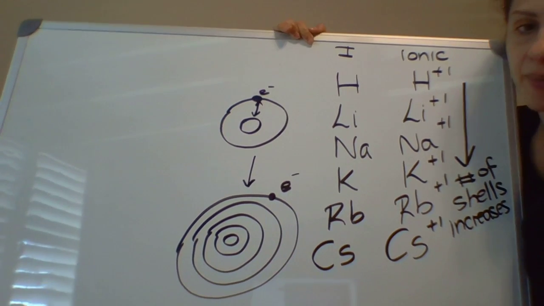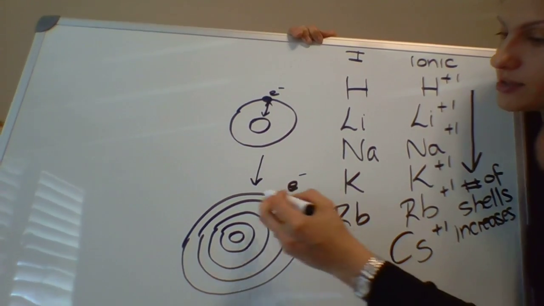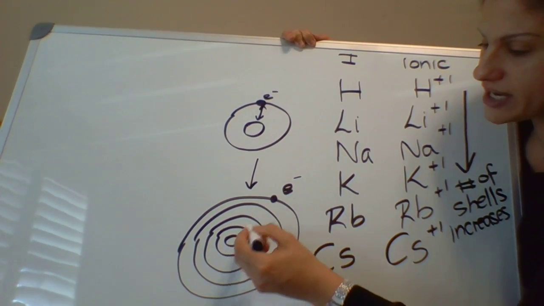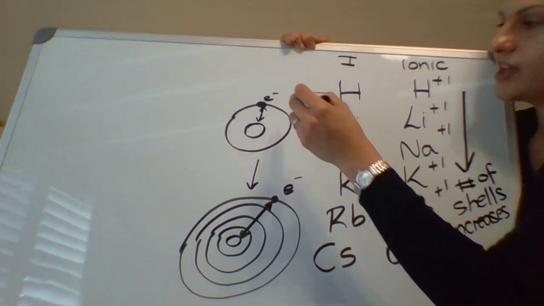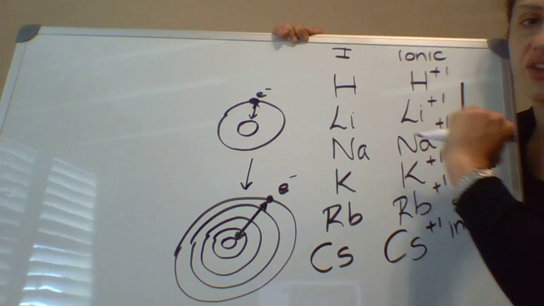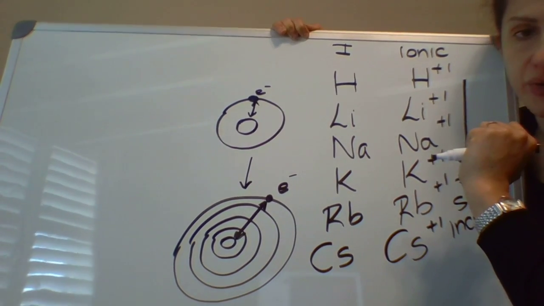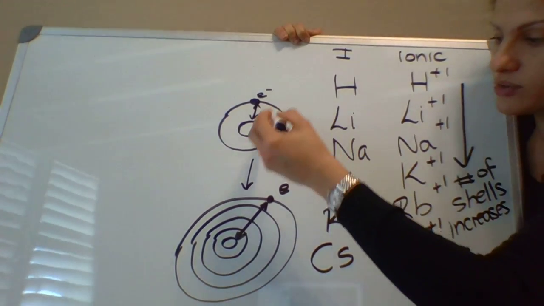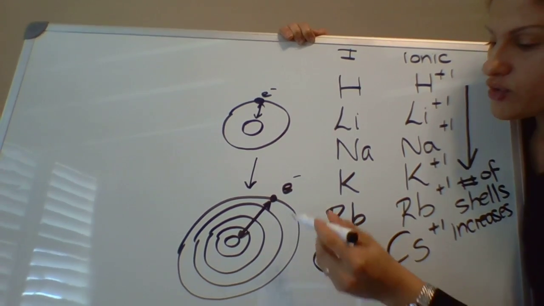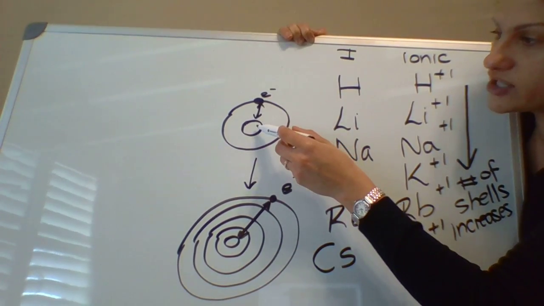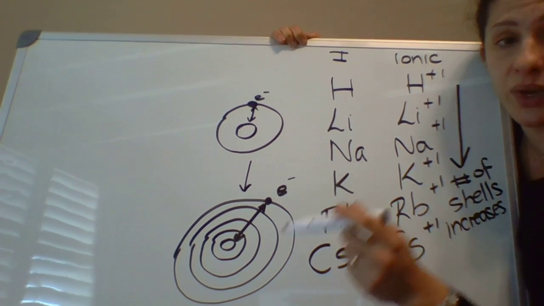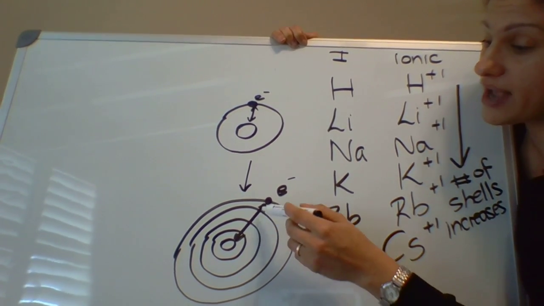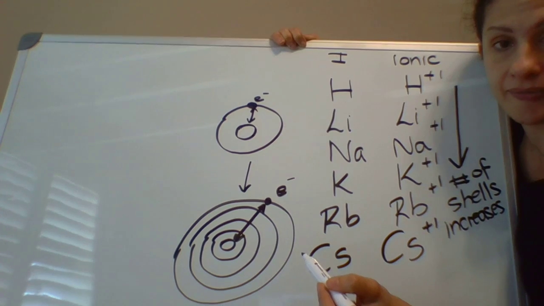What do you think is happening to the attraction? We have the attraction between the nucleus and the valence electron here, and the attraction between the electron and the nucleus at the top of the group. As we go down the group, the attraction between the valence electron and the nucleus gets weaker and weaker and weaker because it's further and further away.